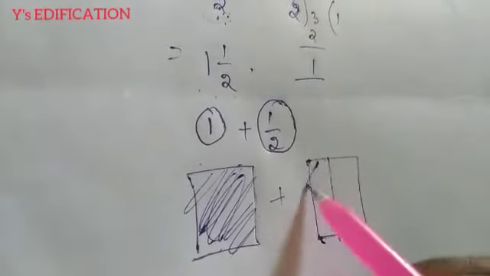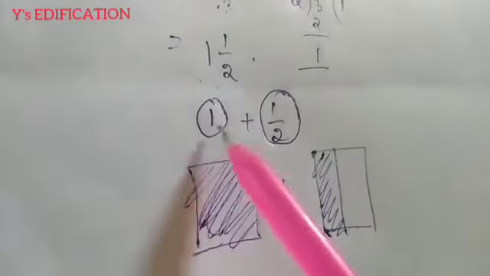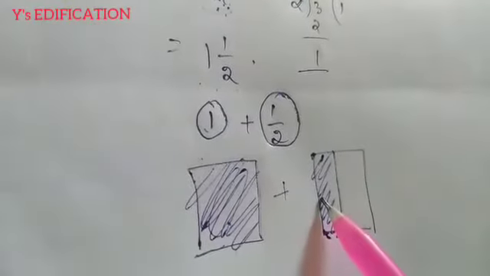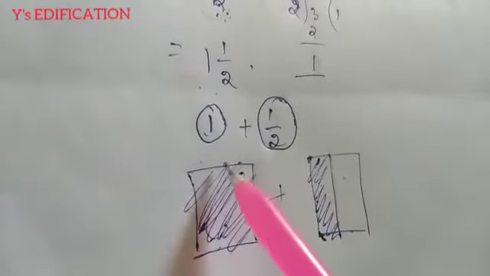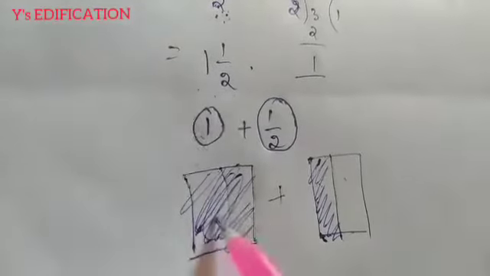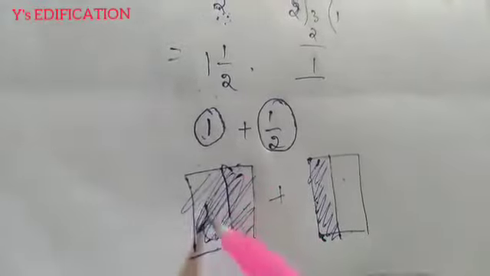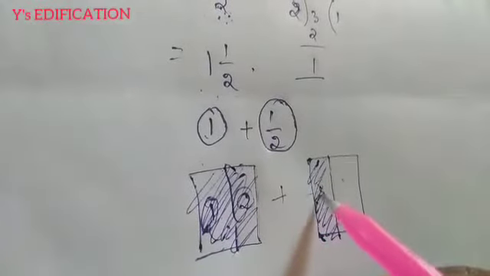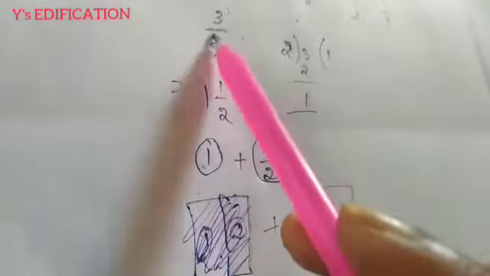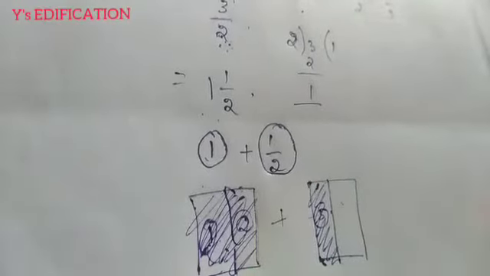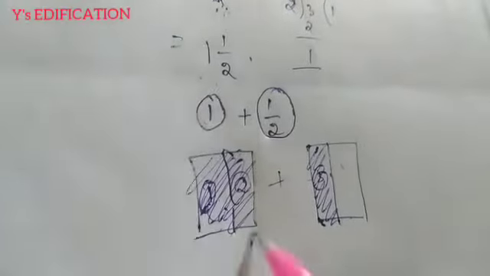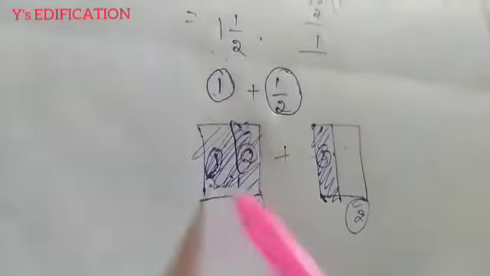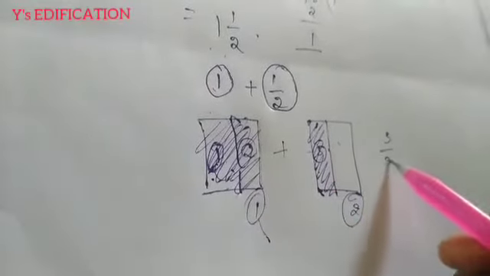This figure is divided into 2 equal parts, and so is the other one. This is the first part, this the second part, and this the third part. So 3 parts should be shaded: 1, 2, 3. We have shaded 3 parts among the 2 figures. Got it? In this way we have shaded 3 by 2.